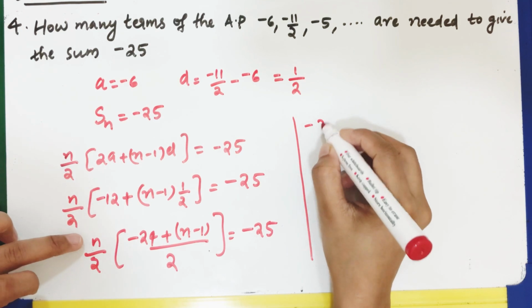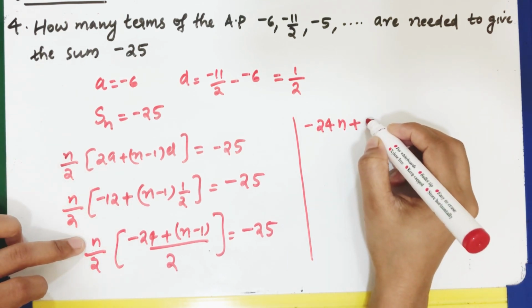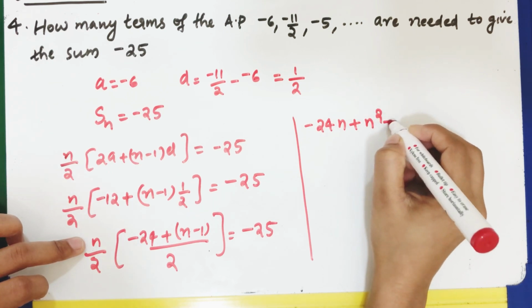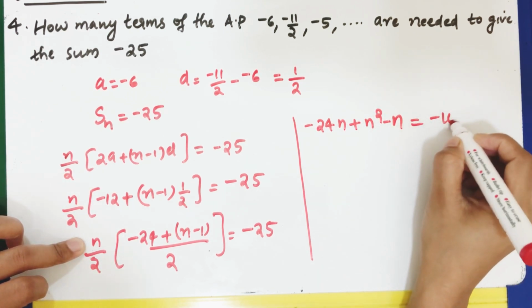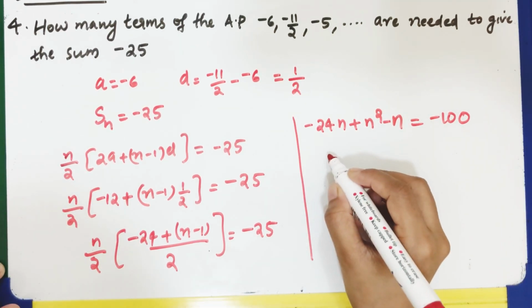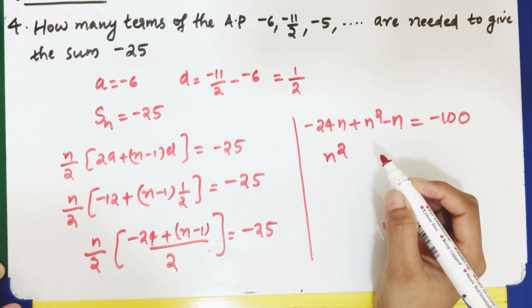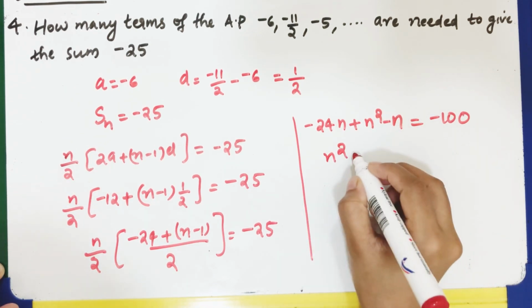Now minus 24n plus n into (n minus 1), that is n square minus n, is equal to minus 100. That is n square minus 24n minus n is equal to minus 25n.